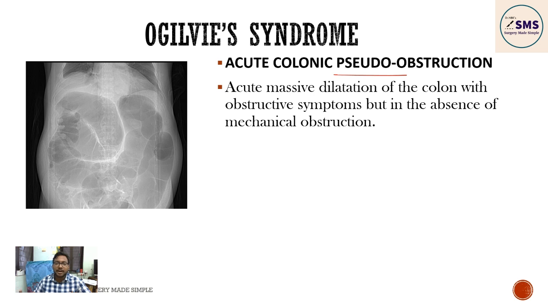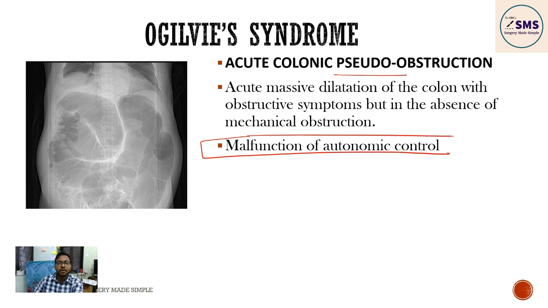You will see this condition in old people, bedridden patients, or after surgery, where there is a problem with the autonomic control. So what will happen is there will be acute massive dilatation of the colon with obstructive symptoms, but please remember there is no mechanical obstruction here. Okay, now what is the main cause for this? It is because of malfunction of the autonomic control.